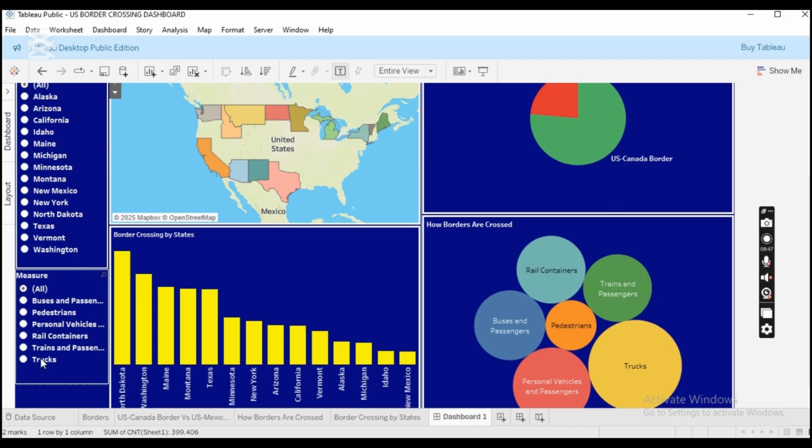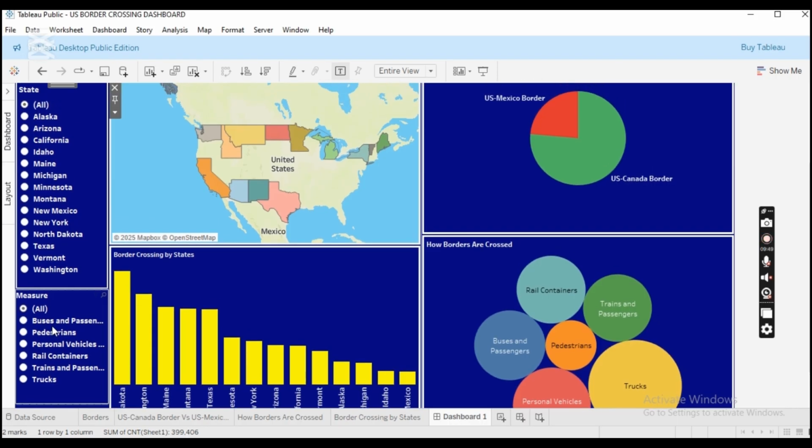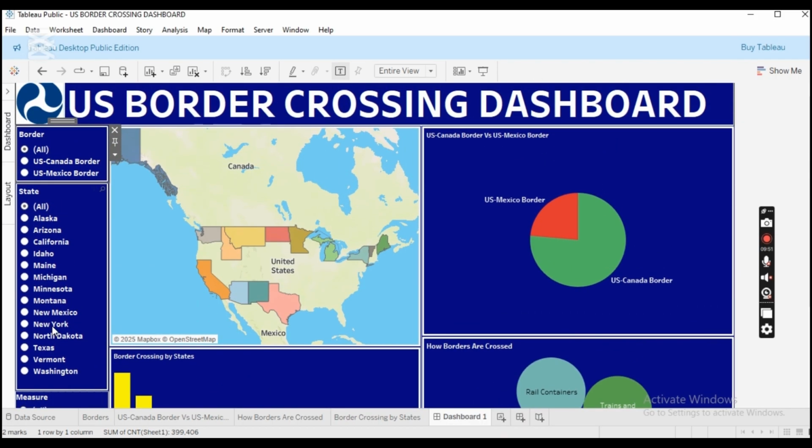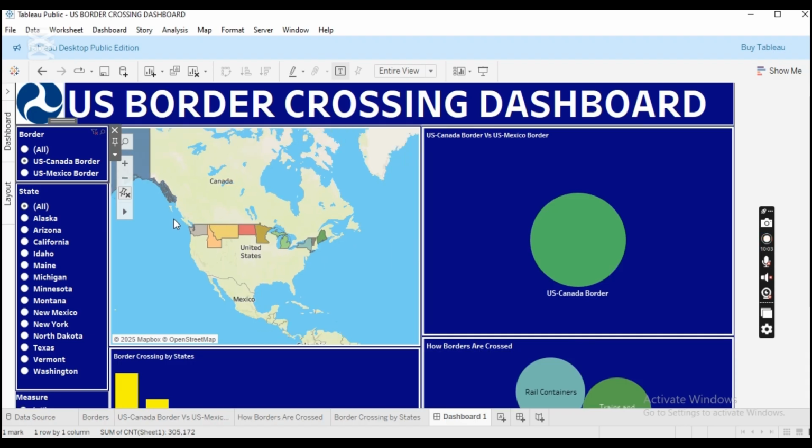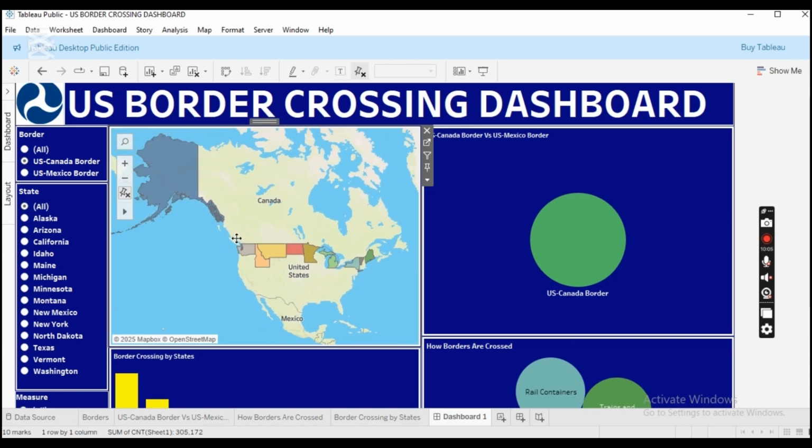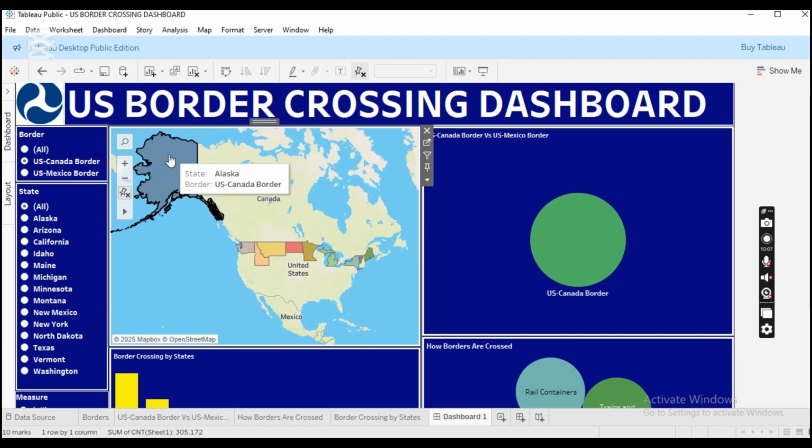Now let's check based on what we said earlier. If we want to see only the US-Canada border, we realize that most of the information is here. You see, Alaska is there as a border. We have many of them just within the Canada border.